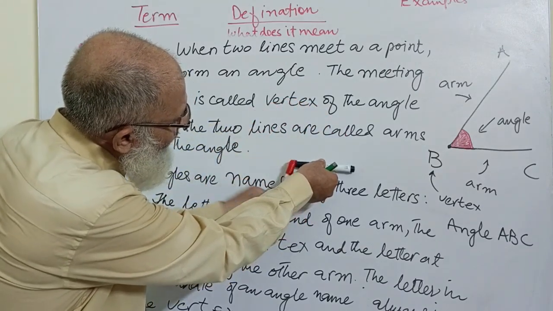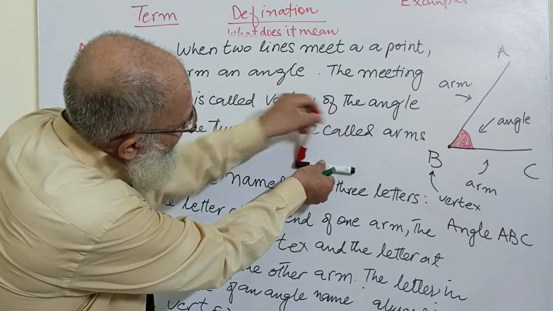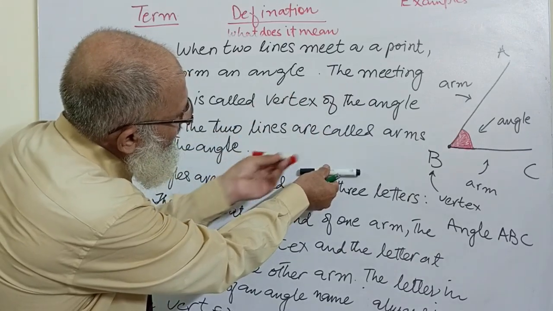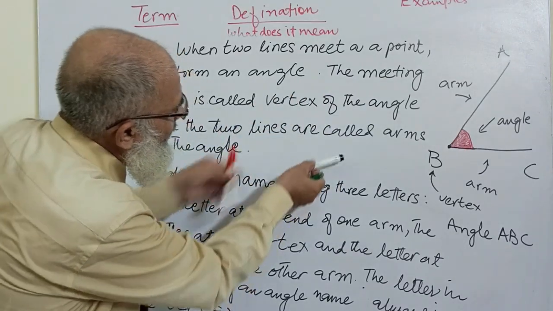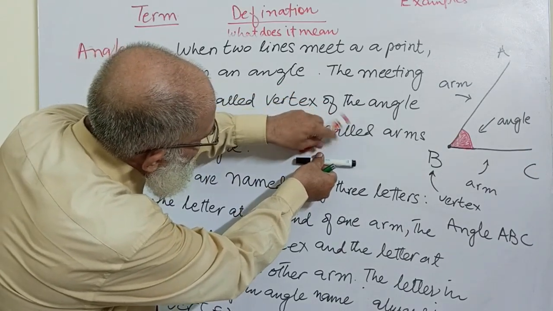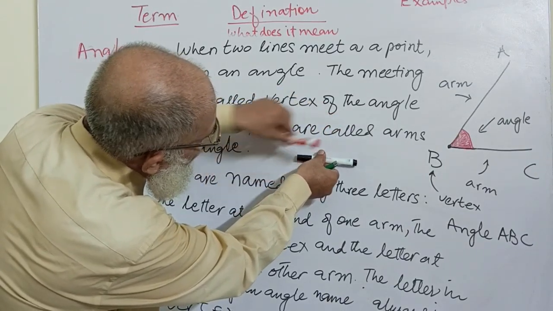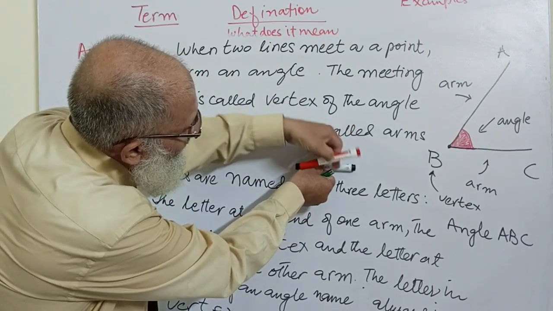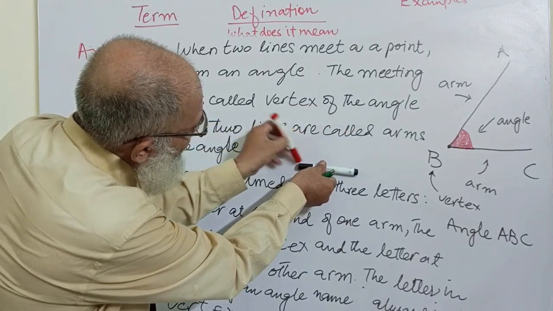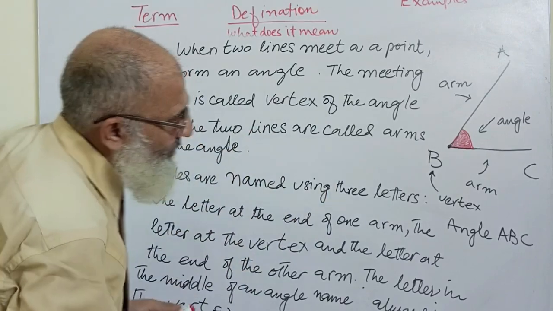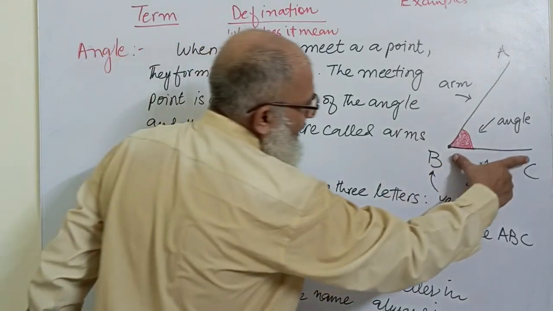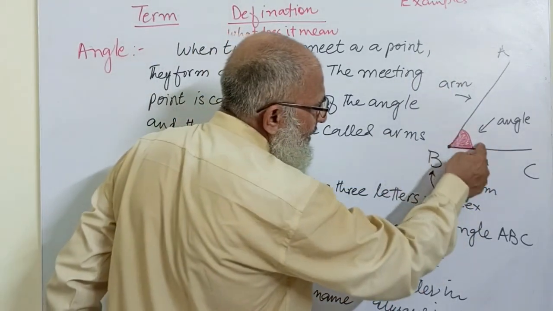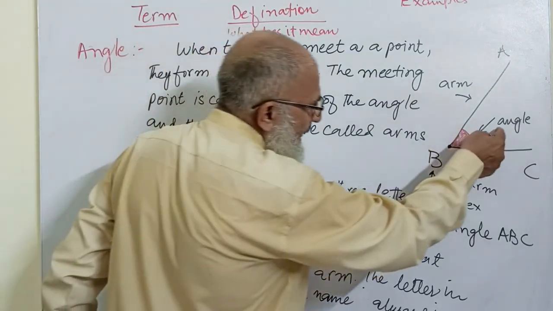It can move from here, traveling all around this plane, and come back over here. One arm is fixed and one is moving with one end fixed, and it will create a distance which is called an angle.